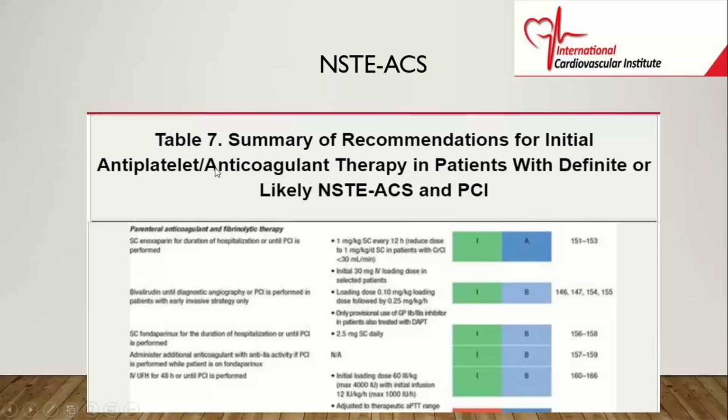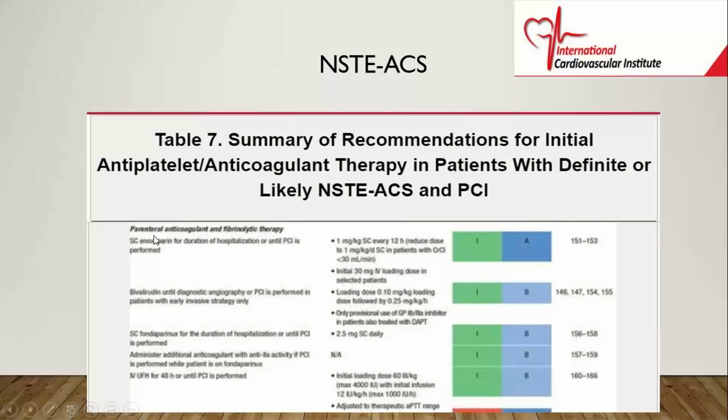Now, we also have clotting. So remember, blood clot is a complex thing. It may be due to platelets clumping together, or maybe due to coagulation factors which cause the clotting. So we have to deal with the coagulation part of it now. So we can use enoxaparin or Lovenox.